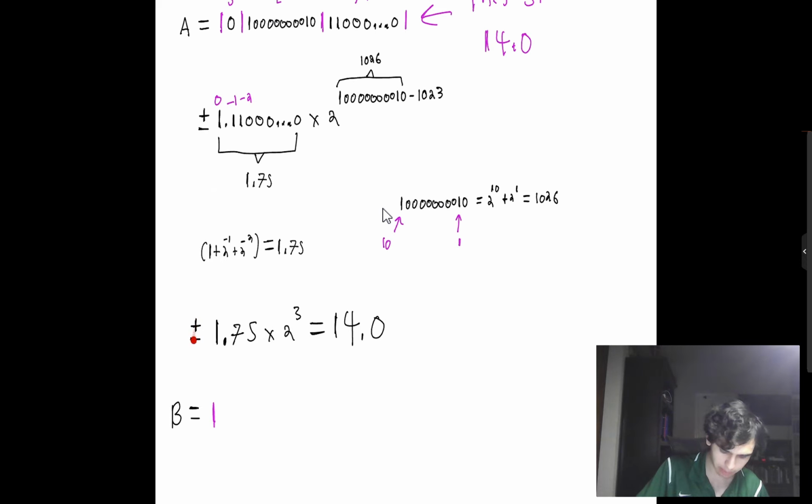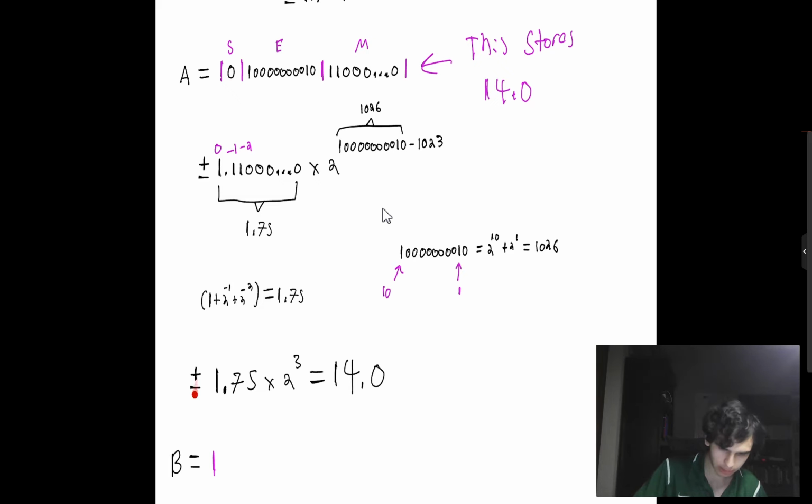In the sign, we know it's going to be plus because it's 0. This 0 here means we use a plus, so it's going to be plus 1.75. If this were a 1, then it would be negative 1.75. And the formula, formally written, is negative 1 to the s power times it all. If s is 0, negative 1 to the 0 is equal to 1, so the whole number is positive, which is our case.